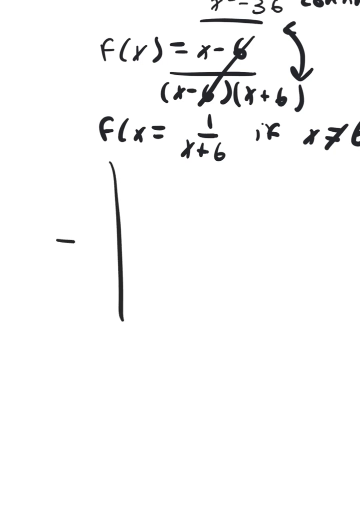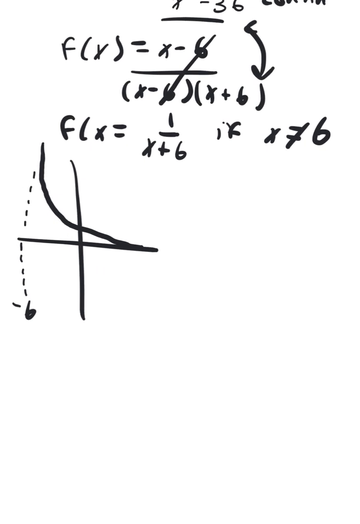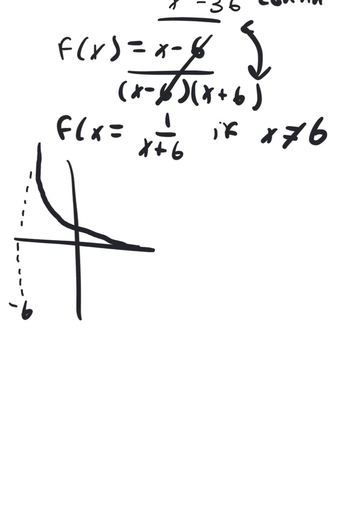So if we graph this, we find the asymptote here, at -6. We know that this is always approaching infinity, but once it hits 6, well, let's put 6 here actually.